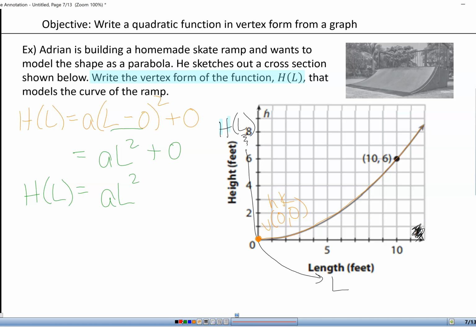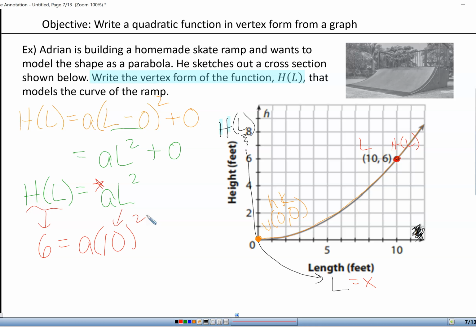So now I need another point because I've got to figure out what the a is. And that's where I'd use my 10,6 here. So my 10 being like my x, that would be my L. So L is like my x. And 6, which is my y, that would be my h of L. So my h of L becomes 6 equals a times my L value of 10, and that 10 is squared.